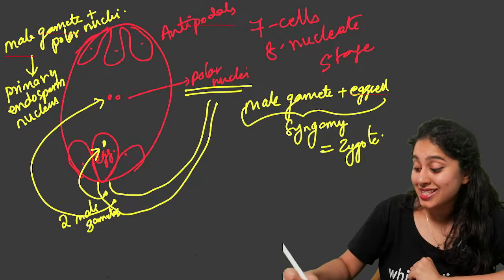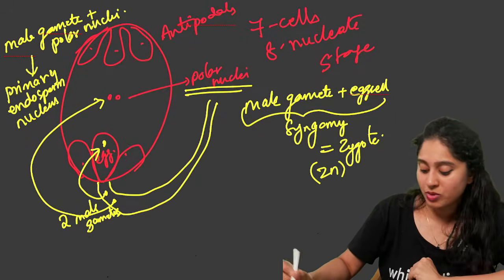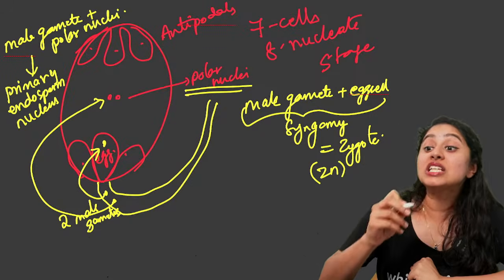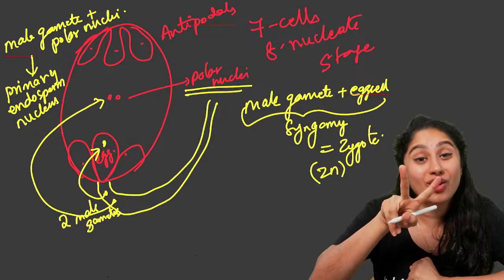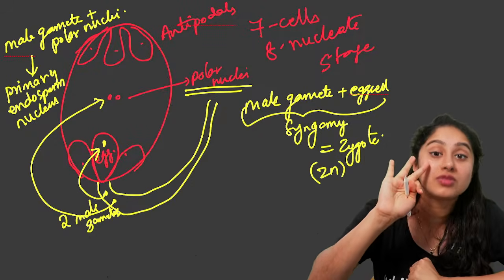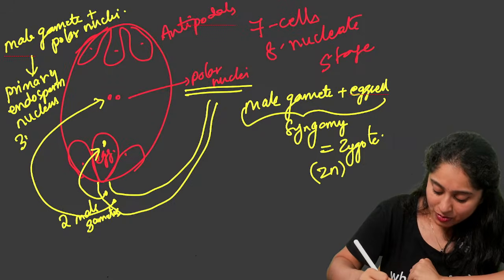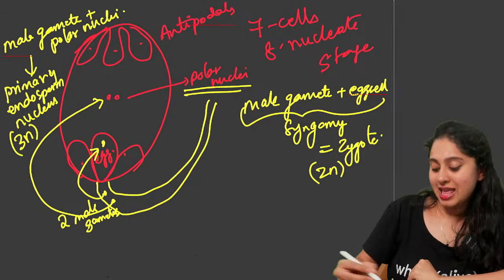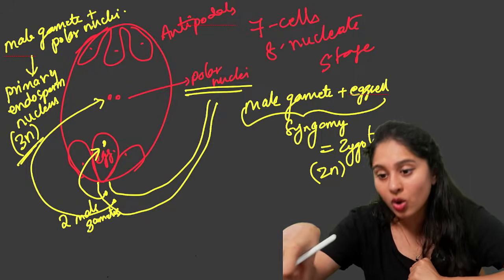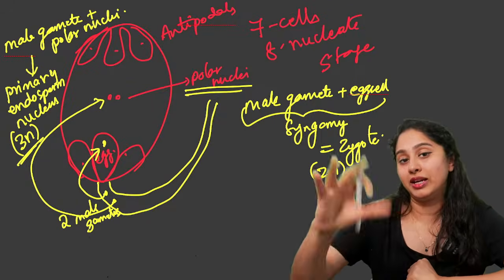Now if you see, the zygote is 2n chromosomes because of one egg and one male gamete. Whereas in the polar nuclei, there are already 2 nuclei there and one fuses from the male gamete. So this becomes a triploid cell, and this is the one that is going to give nourishment to the zygote until it germinates in the ground.